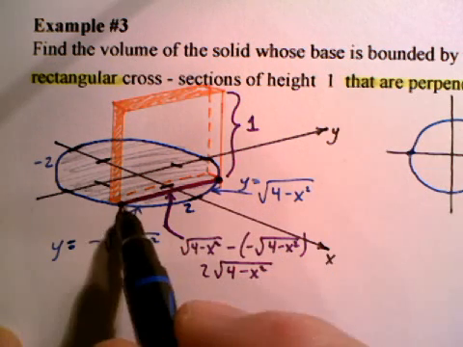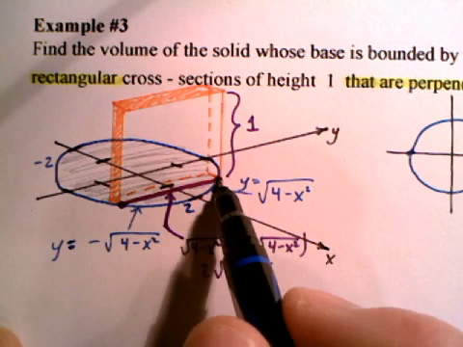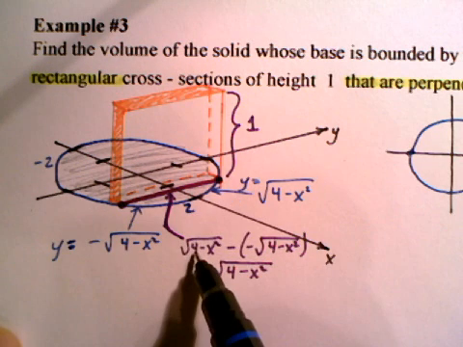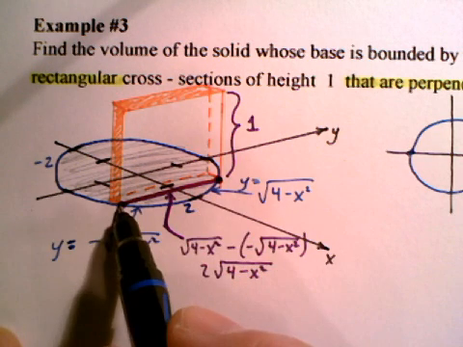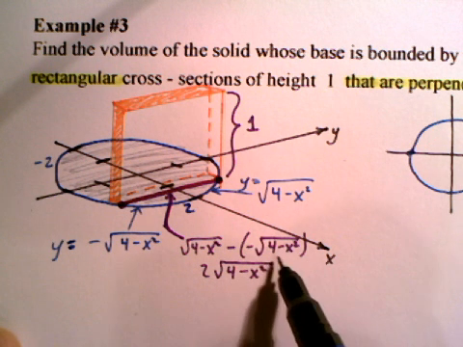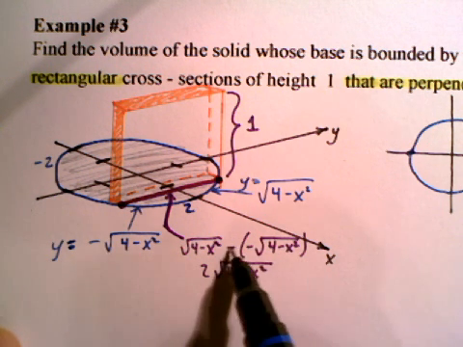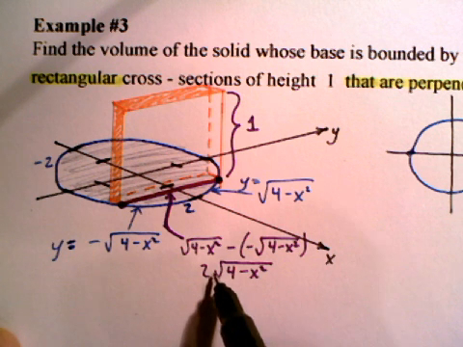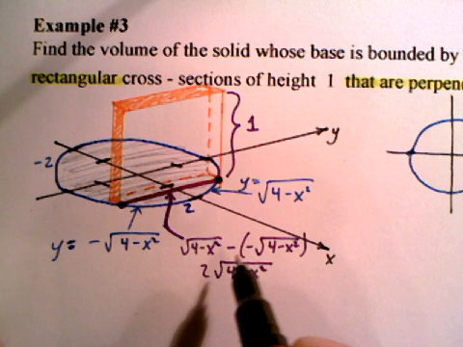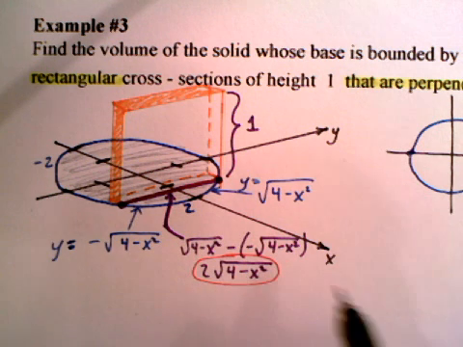Okay, and the length of the base would be the top curve, top function, which is radical 4 minus x squared, minus the bottom function, which is negative the square root of 4 minus x squared. So minus minus makes plus. We have 2 of them, so again, that's our bread and butter right there. We've got the length of the base.